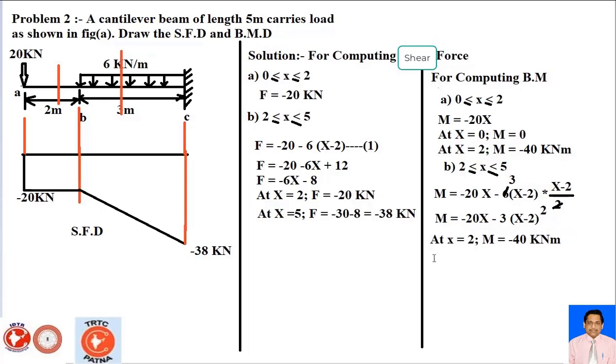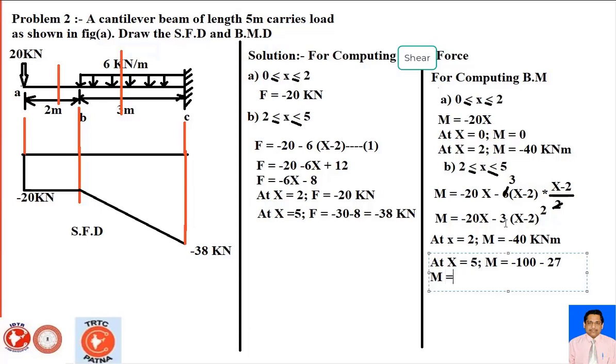And when you substitute the value at x equal to 5, my moment is equal to minus 20 times 5, that means minus 100, and then minus 3 times 5 minus 2 squared, that means 9 times 3 is 27. So moment is equal to minus 127 kilonewton meter.